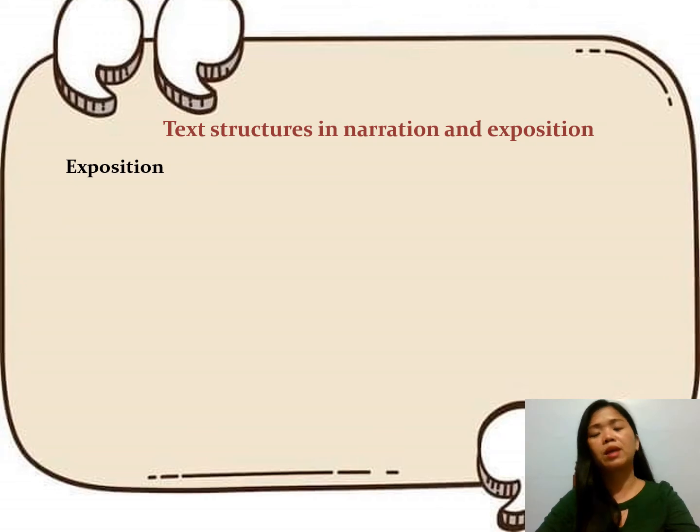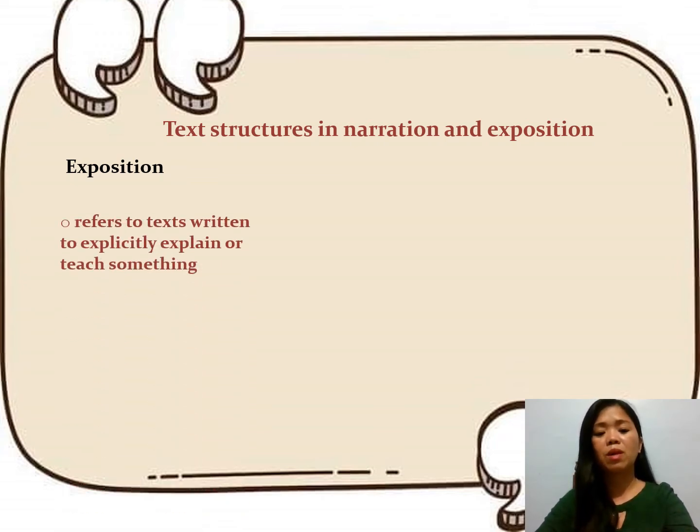Exposition refers to text written to explicitly explain or teach something, while narration refers to text written to involve the readers in a series of images, events, dialogue, or a combination of these, in order to entertain readers and get them to imagine.